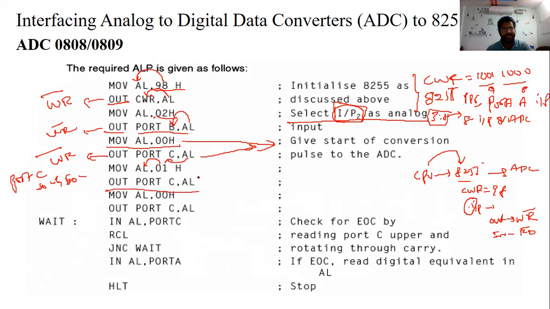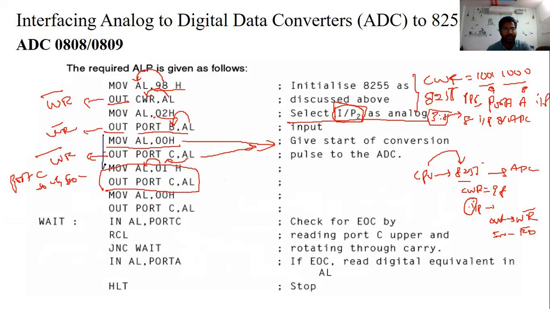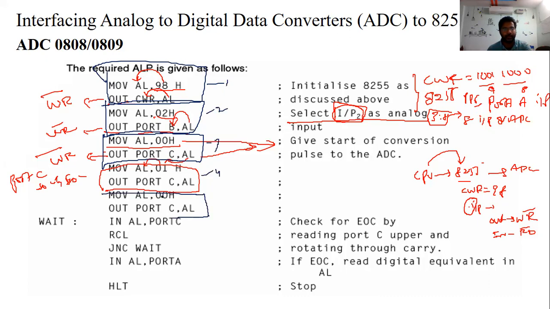You can see this is one instruction, and this is another instruction. The same instruction is repeated: move and out. This is one set, second set, third set, fourth set, and fifth set also. You use only move and out instructions.